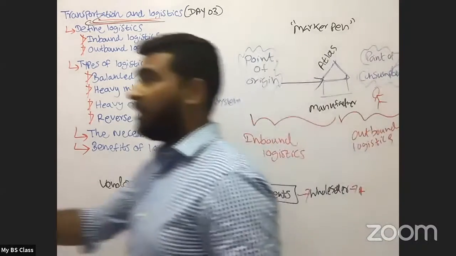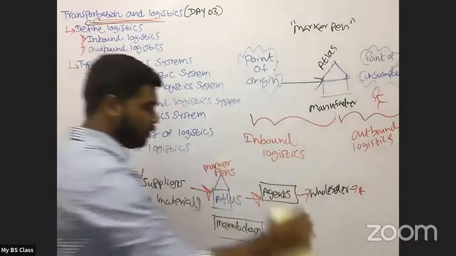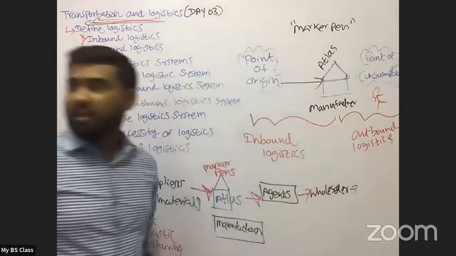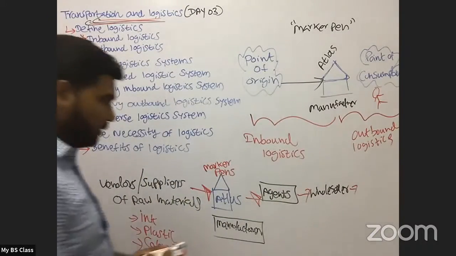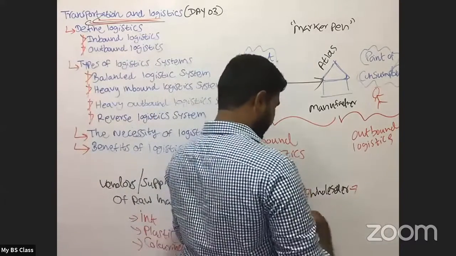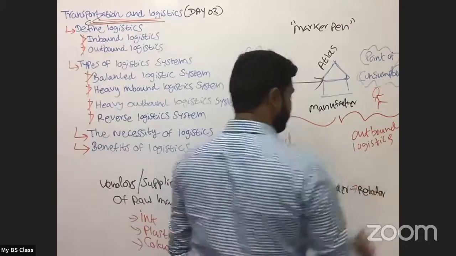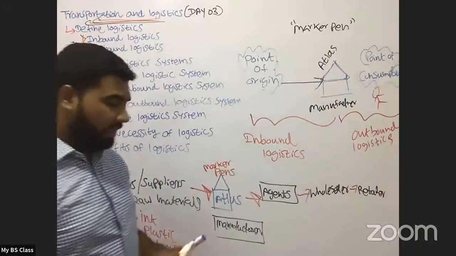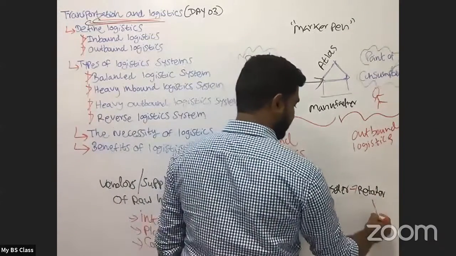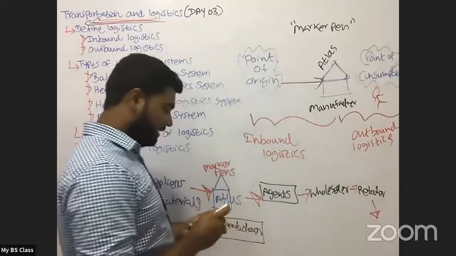From the retailer only that I get the product. The bookshop is the retailer, right? So from the wholesaler it goes to the retailer. So from the retailer I receive the product as the final consumer.